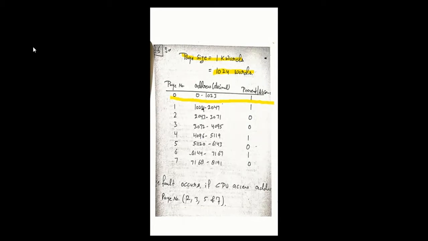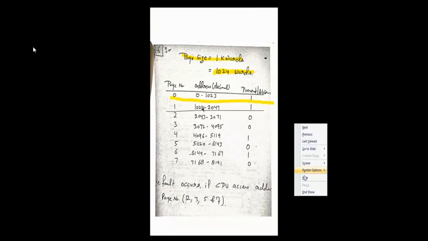Now page 1 will start from the next address, 1024. Now you add 1024 plus 1023, and you will get 2047, correct? This is your second row.